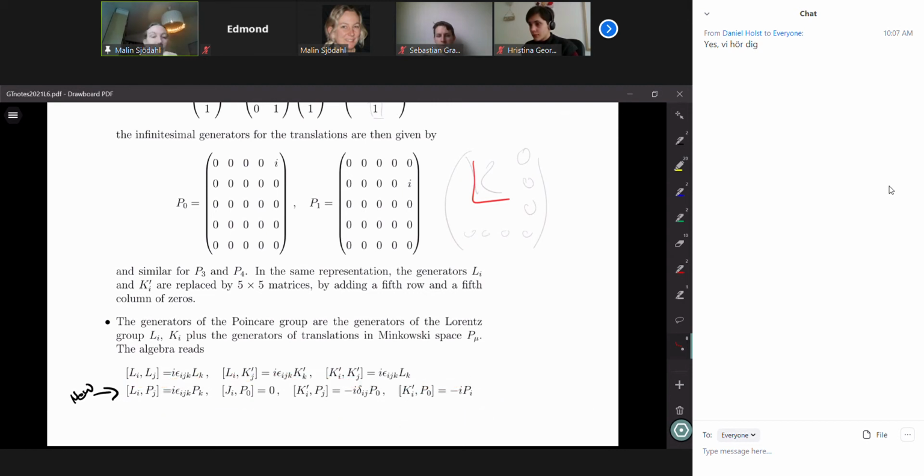So if we take the commutator between rotation in I direction and a translation in the j direction, it's i epsilon ijk and translation in k direction.